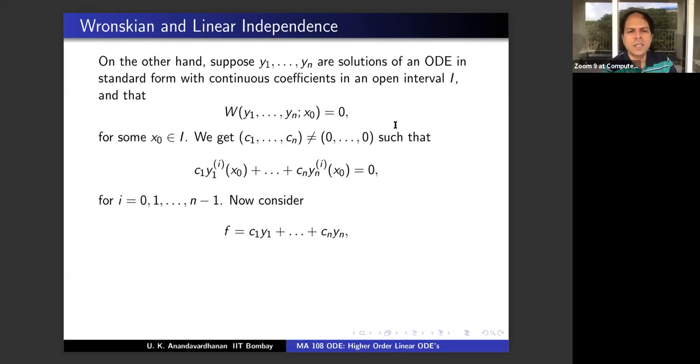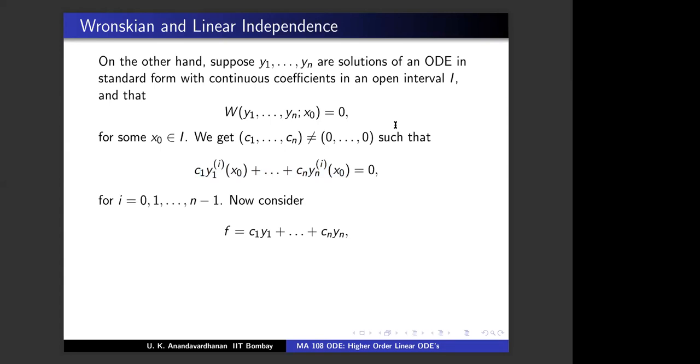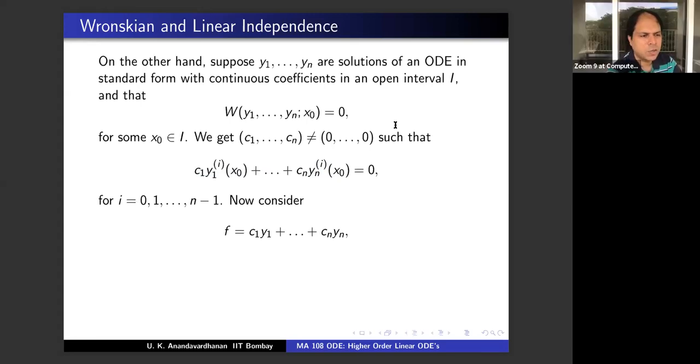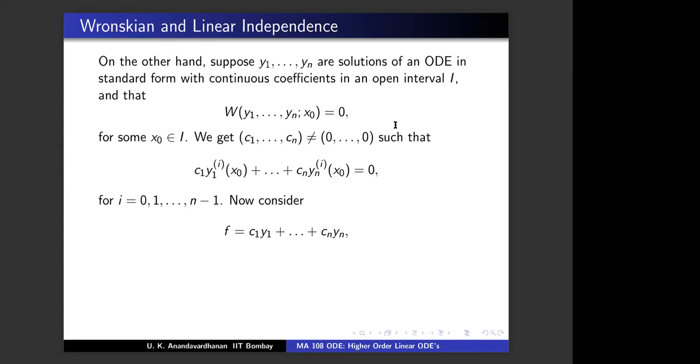Now you consider this function c1 y1 plus etc. plus cn yn. This function is considered throughout I. And what will you conclude about this function? It is of course a solution, and this solution is 0 throughout.